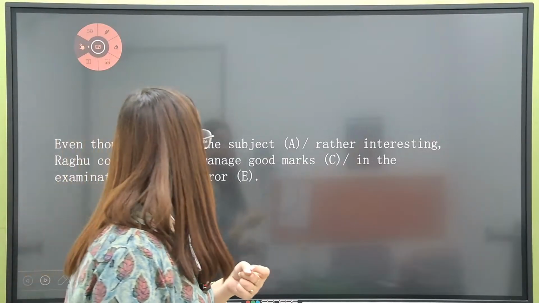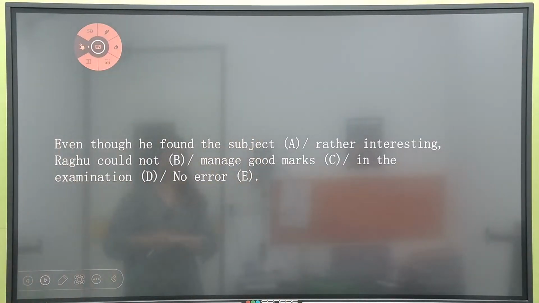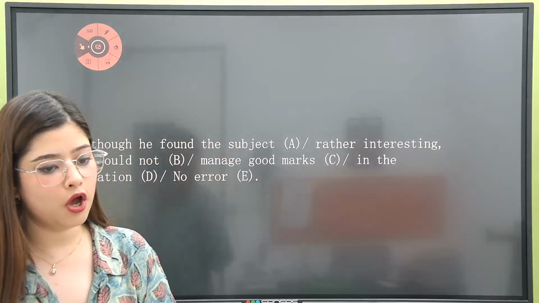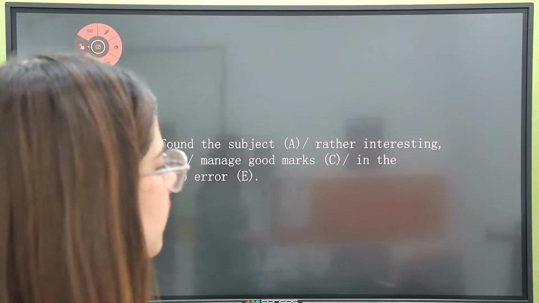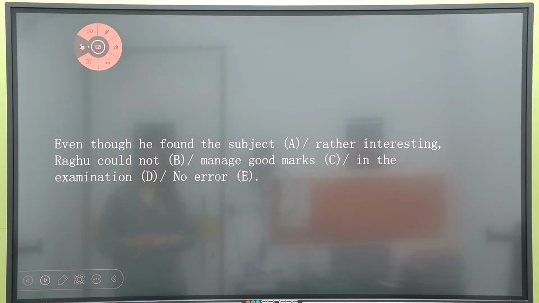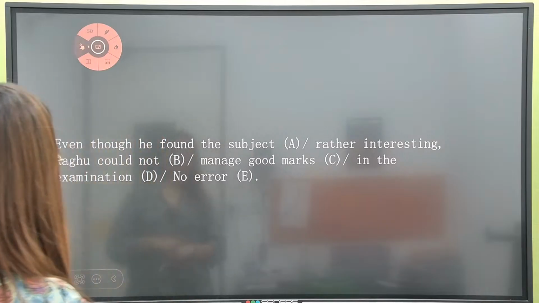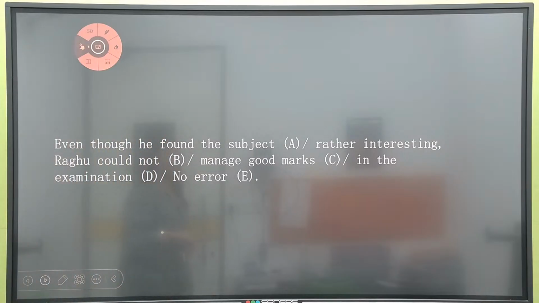Next, even though he found the subject rather interesting, Raghu could not manage good marks in the examination.